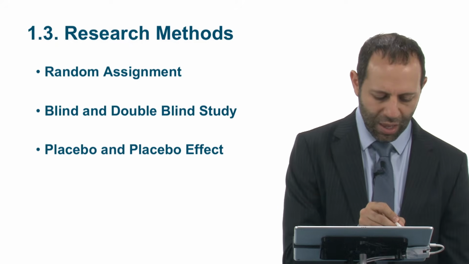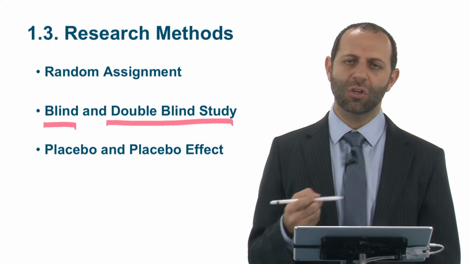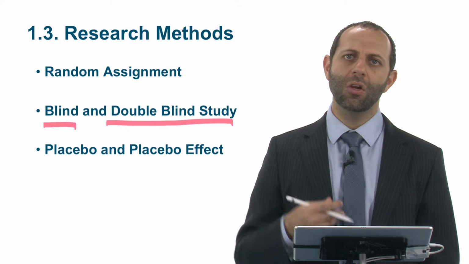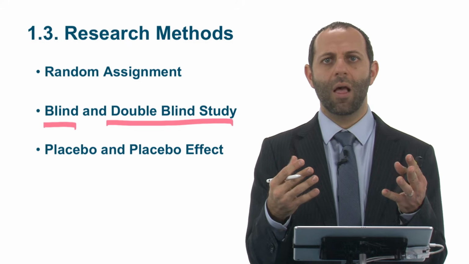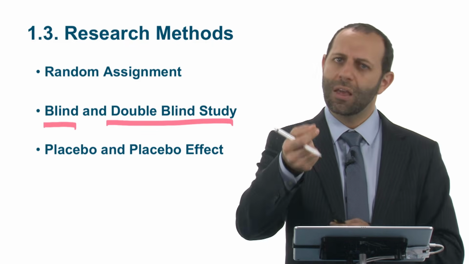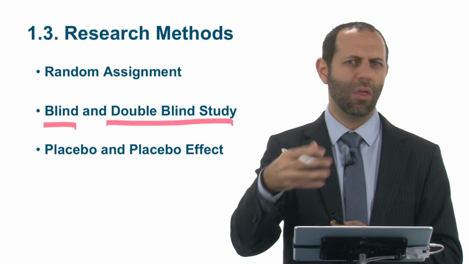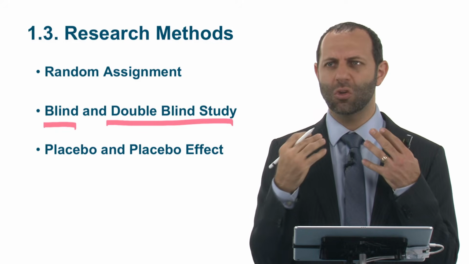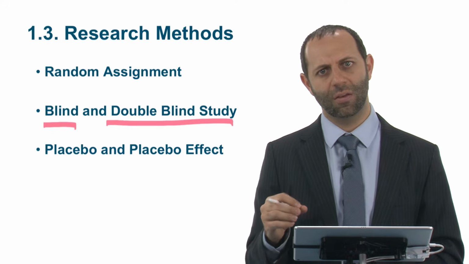Next, we're talking about blind and double-blind studies. In a research study, such as, let's say, the depression study, if I know, as the researcher, who I'm going to give the medication to, I might influence the patient themselves. If I say, here's a pill, I can't really tell you what pill it is, although I know which pill it is, they might read from my facial expressions or my body language which medication they are getting, and that will affect the study.